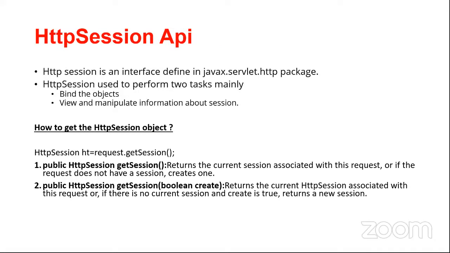Now the HTTP API. Specifically, HttpSession is an interface defined in the javax.servlet.http package. If you want to get any user information, we must instantiate this HttpSession interface, of course not by using the new keyword, but there are ways.